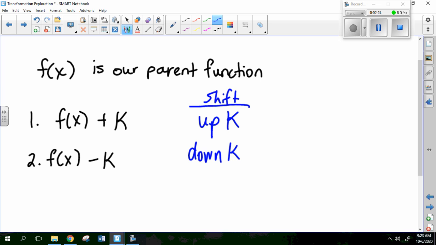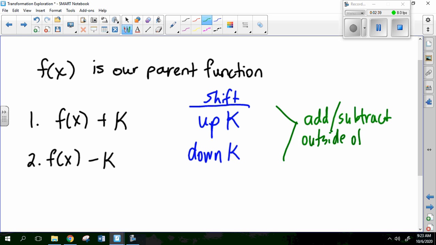And for both of these, the adding and subtracting was outside of the grouping symbol. In fact, the x squared ones didn't even have a grouping symbol.